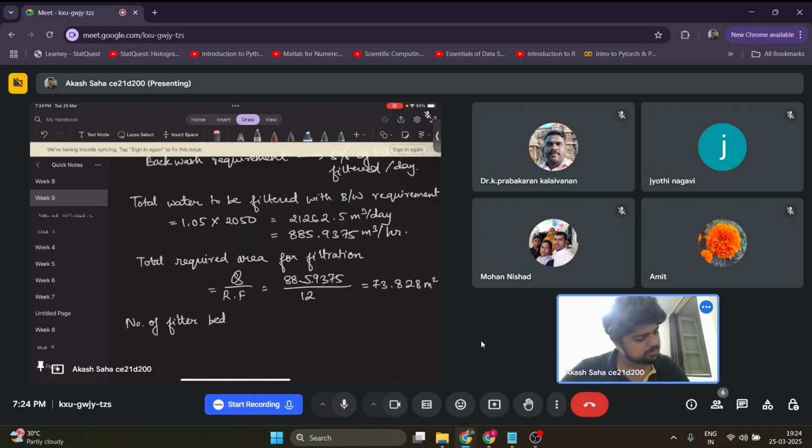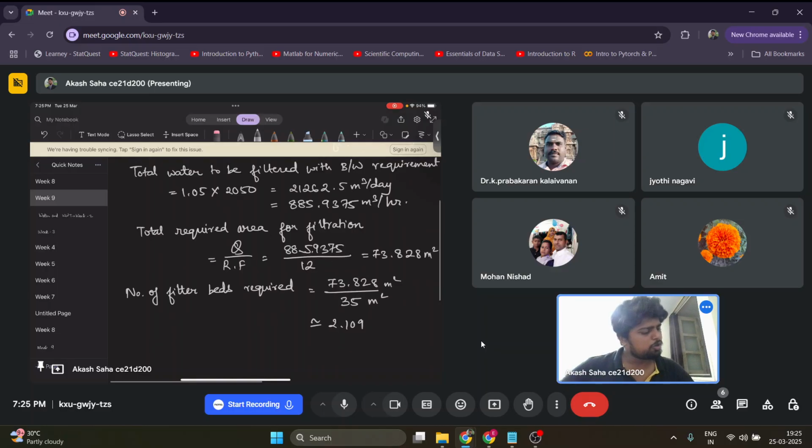So now the number of filter beds required will be 73.828 divided by one filter bed area. Filter bed area is 35 meters square. So we will roughly get around 2.109. But since it is more than 2, we will provide 3 filters.